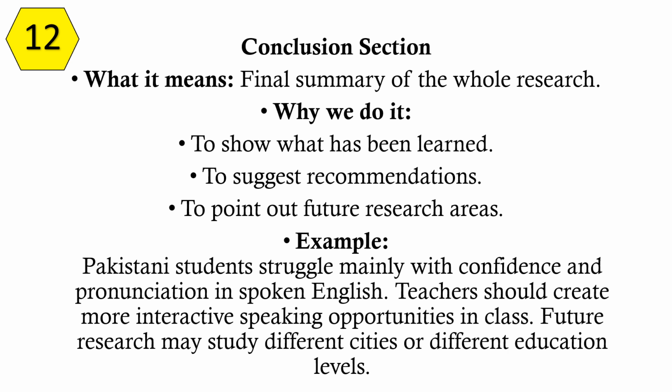The second chapter is the literature review. The third chapter is research methodology. The fourth chapter is data collection and data analysis. And the fifth chapter is your recommendations and findings. Sometimes people make separate chapters for conclusion, findings, and future recommendations. That is also good.